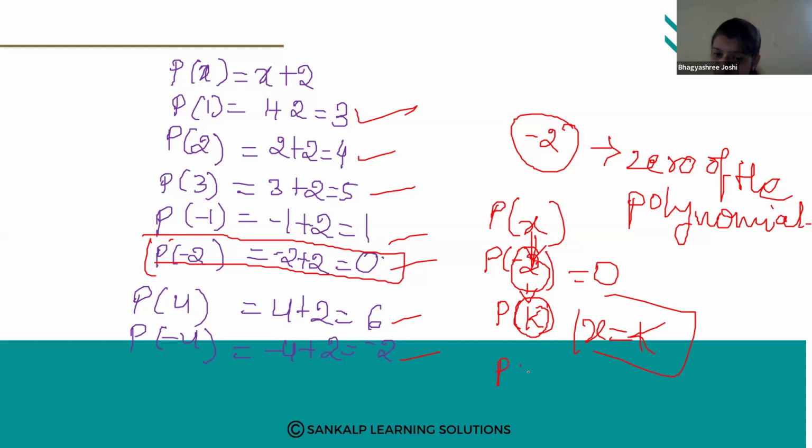Therefore, if P of k is equal to 0, then x is equal to k. Here what is P of k? Minus 2 is k. P of k, when it is minus 2, it is 0. P of k is 0, then x is equal to k.